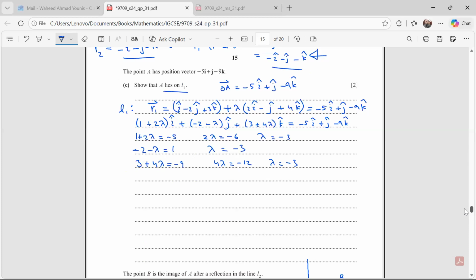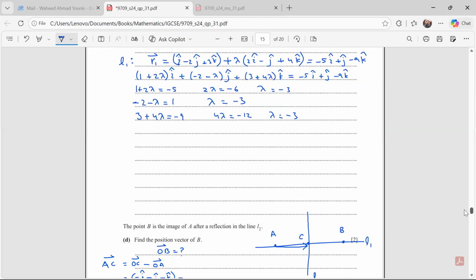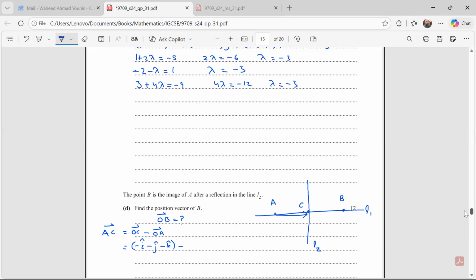Let me write it again here. OA vector was minus 5i minus j and plus 9k.